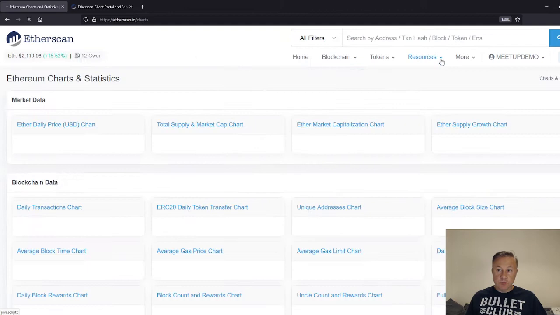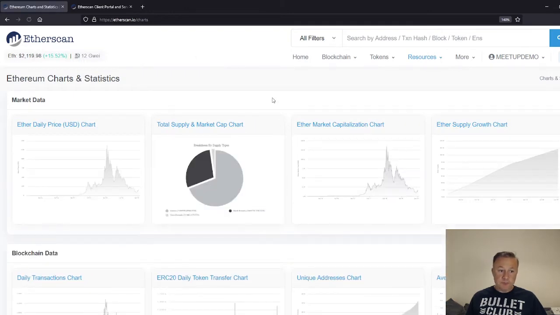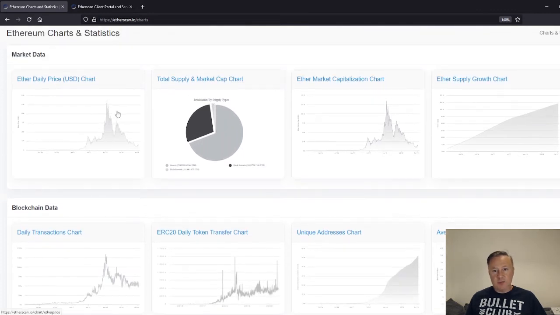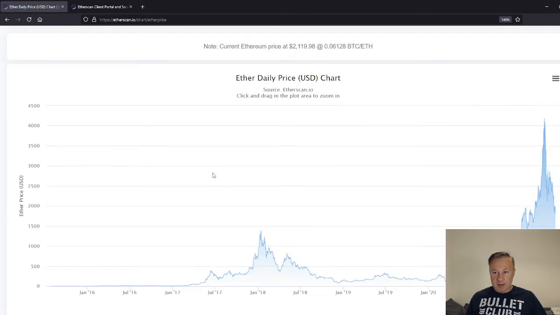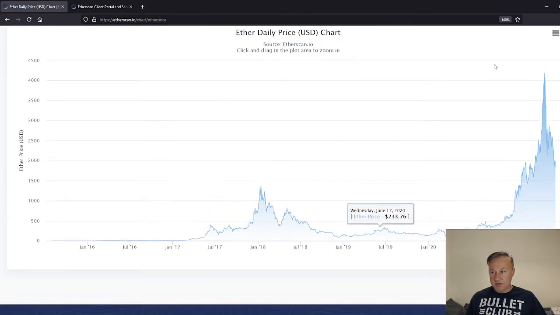If you go into resources, what this will give you is pretty much any chart or bit of information that you might want to know. If we take a look down from here, you've got all the obvious ones like how the price has changed, and obviously you can see the big spike when it went up to 4,000, which was the peak there on May the 11th, 4,181.